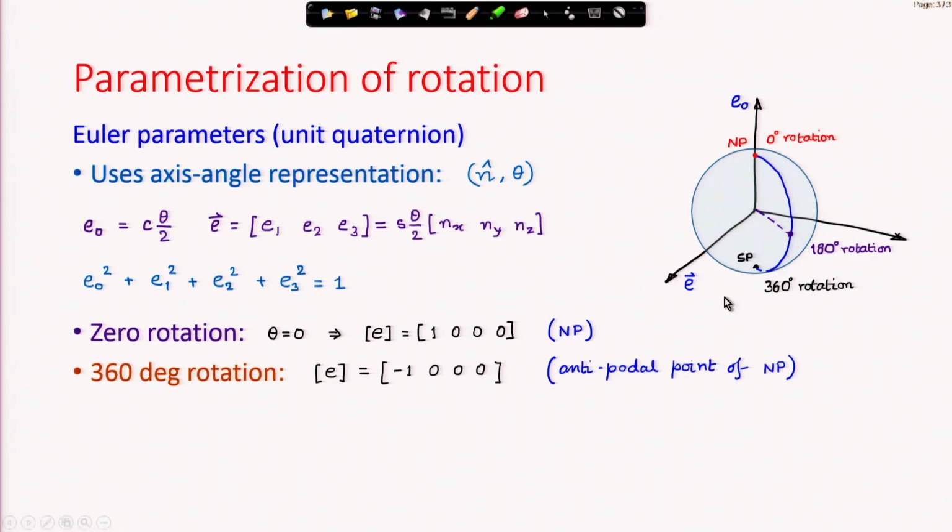So, we are drawing analogy with the 2-sphere, though remember that this is a 3-sphere. So, therefore, it is an antipodal point, a point lying diametrically opposite to it. Therefore, 360-degree rotation is represented at the south pole and 180-degree rotation is on the equator.